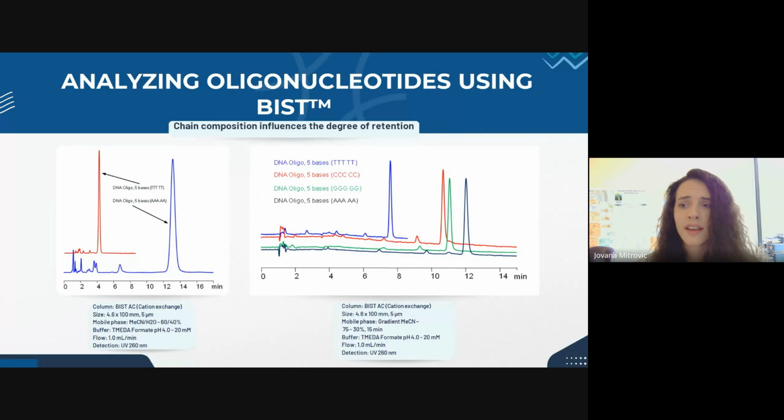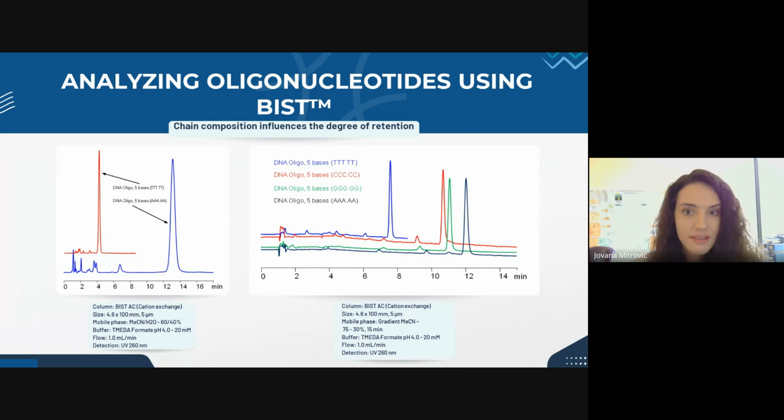These challenges are exactly what bridge ion separation technology was designed to overcome. In this application, we use a negatively charged stationary phase, BIST-AC specifically, which is a cation exchange column. Now, under normal ion exchange, ion exclusion conditions, a negatively charged oligonucleotide would be repelled by the like-charged stationary phase, leading to no retention.